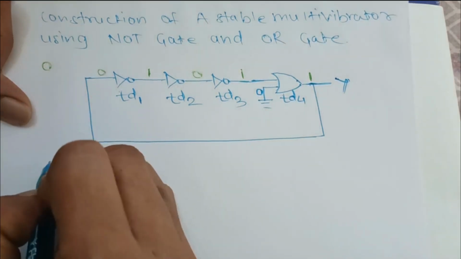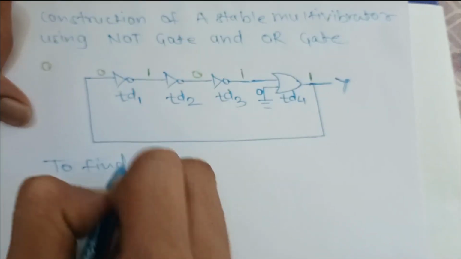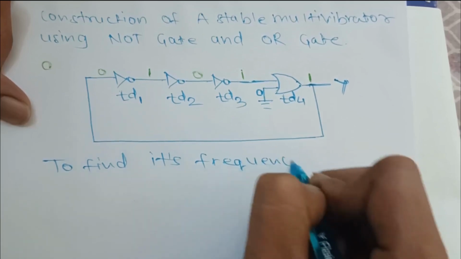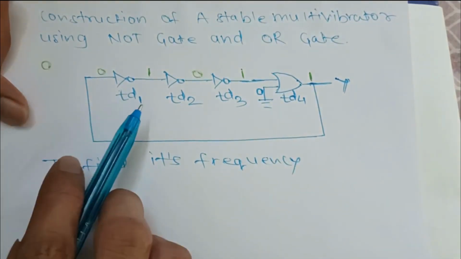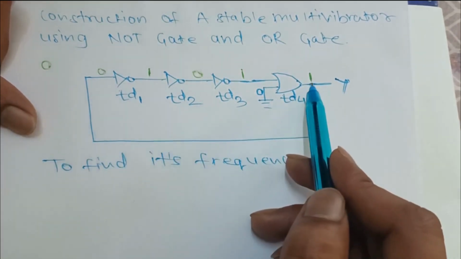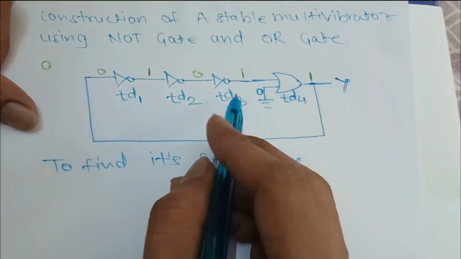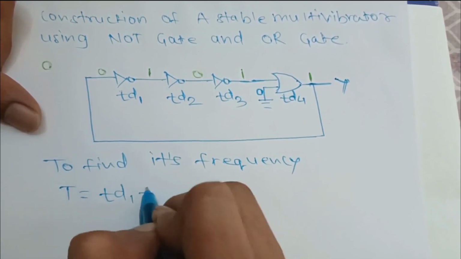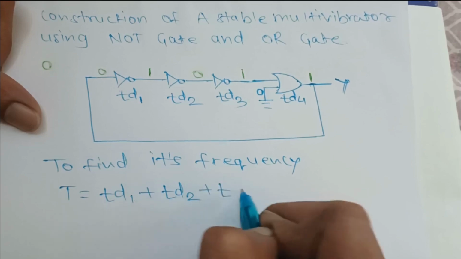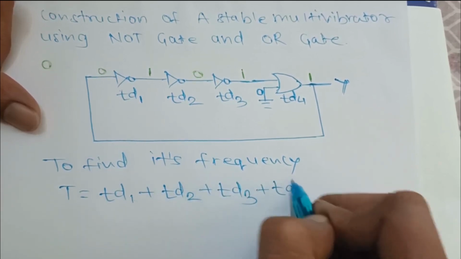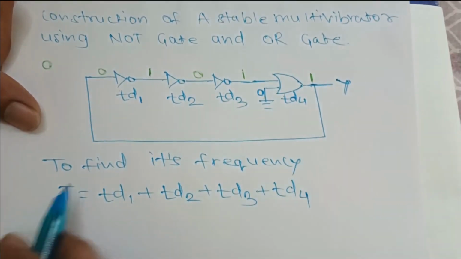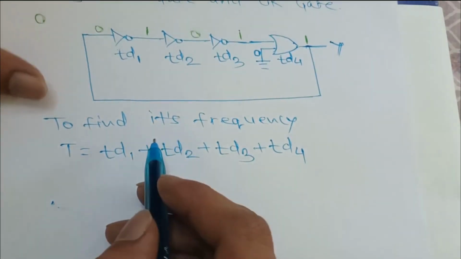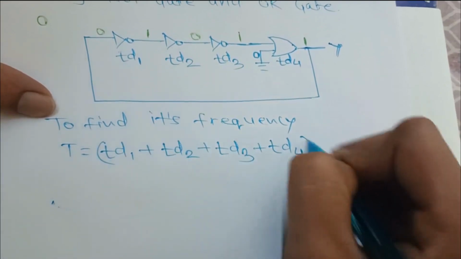So we are going to find its frequency. To find its frequency, we want this time period. For what time period is the output high? So the time period T will be TD1 plus TD2 plus TD3 plus TD4, no, this is not the total, this is into 2.